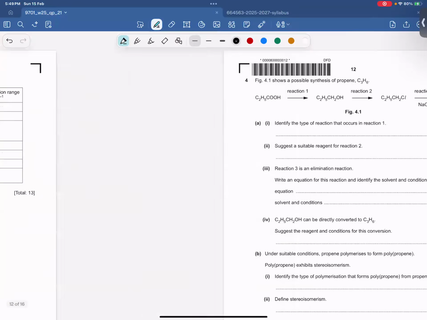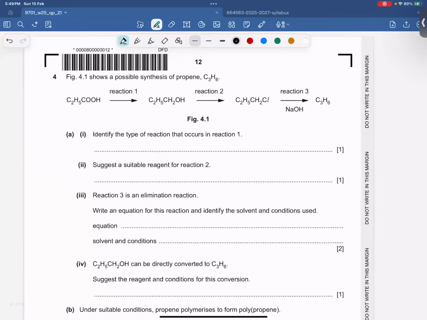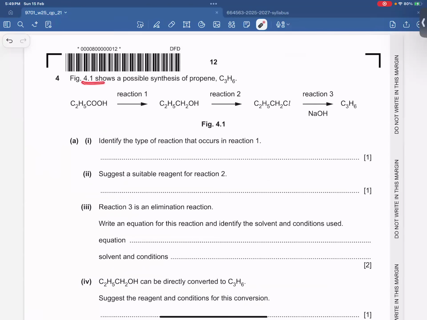Next, figure 4.1 shows a possible synthesis of propene. So carboxylic acid is converting into primary alcohol, which means reduction takes place in reaction 1. So identify the type of reaction. Reduction. And obviously I'm going to use lithium aluminum hydride and dry ether, if you remember.